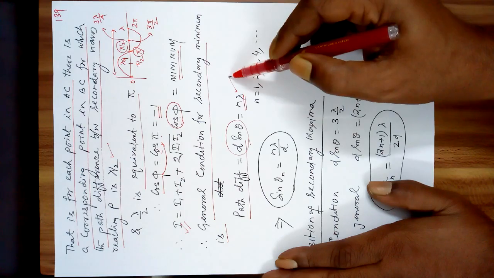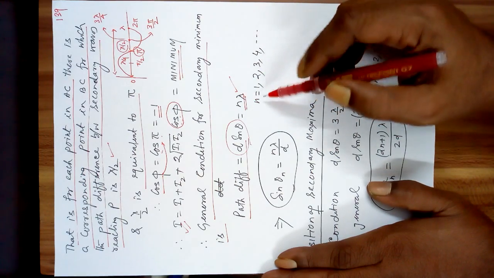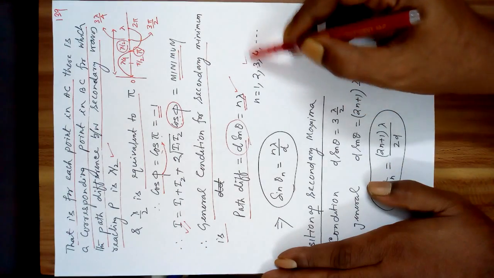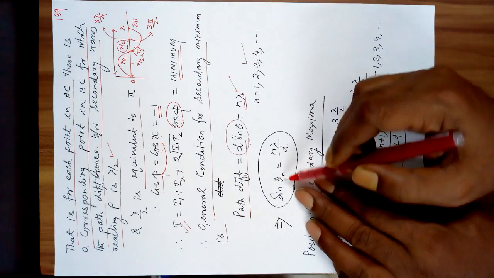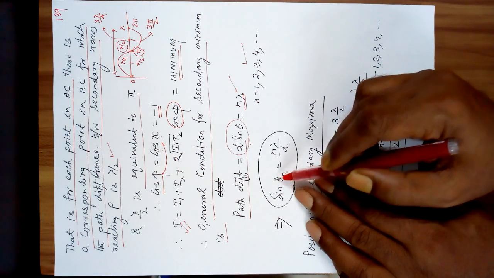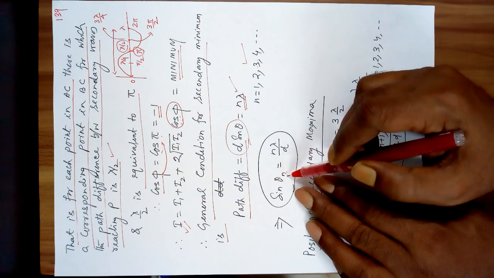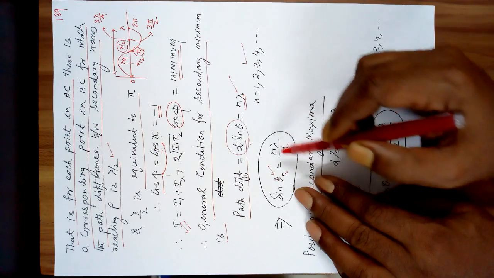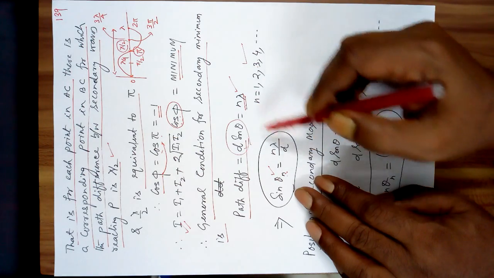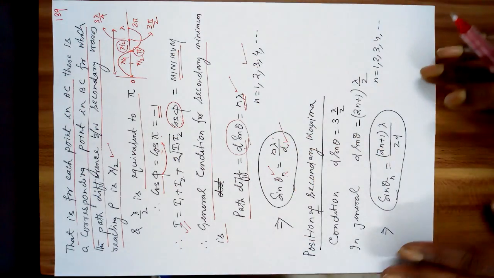I explained with lambda, I put it as n lambda, where n is equal to 1, 2, 3, 4, and so on. So the angle at which the nth minima is occurring is sine theta equal to n lambda over d.